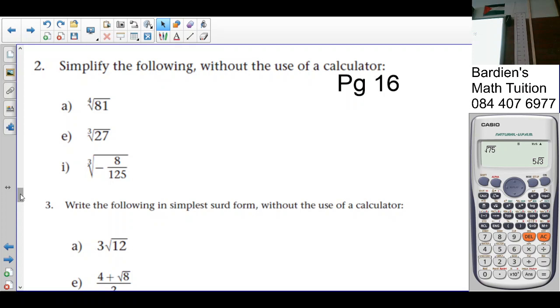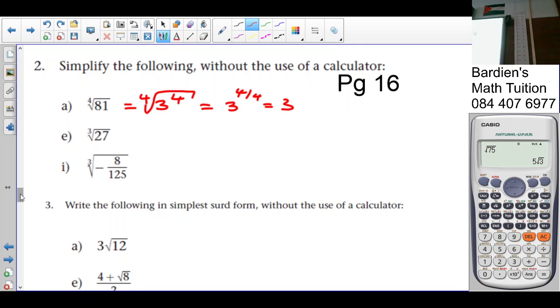Okay people, 81 is a perfect power of 3. This can be written as 3 to the 4. Not so? The fourth root of 3 to the 4. So that would simply be 4 over 4, which is 1. Not so? 27, the cube root of 27 is 3.